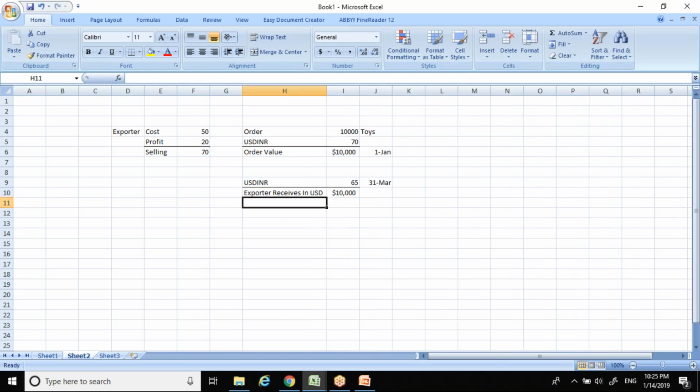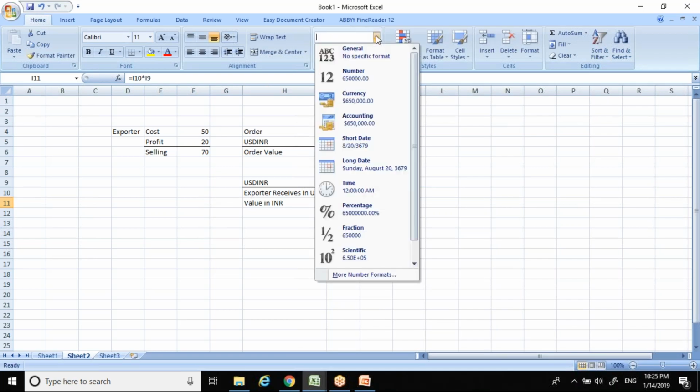Why? The value in INR would come to around 10,000 into 65, which is 65,000 rupees.